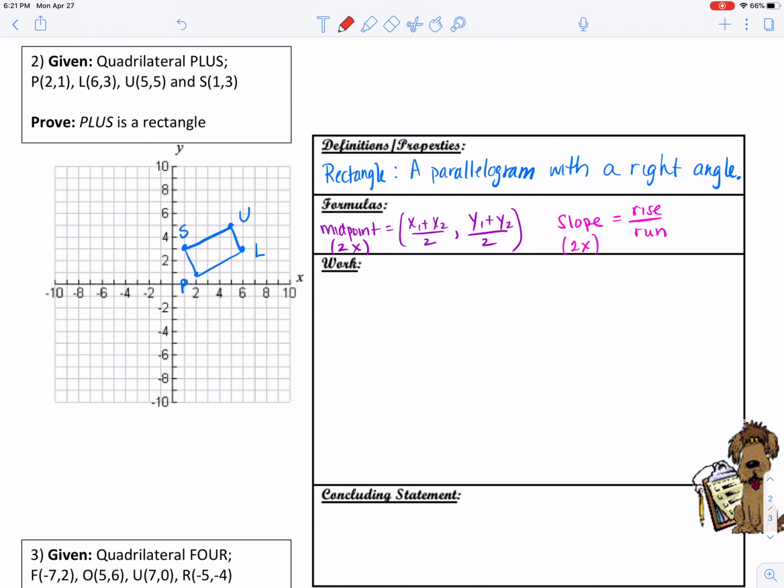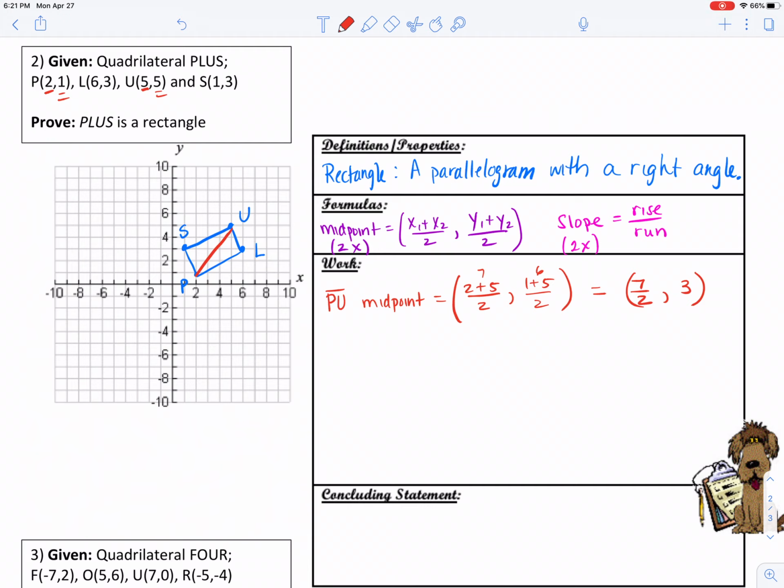So let's first start with the midpoint of PU, one of the diagonals. The midpoint equals P has an x of 2, U has an x of 5, so 2 plus 5 over 2. The y's are 1 and 5 divided by 2. So the midpoint is, this is 7 and 6. So we have 7 over 2, I'll just leave it a fraction, 6 divided by 2 is 3.